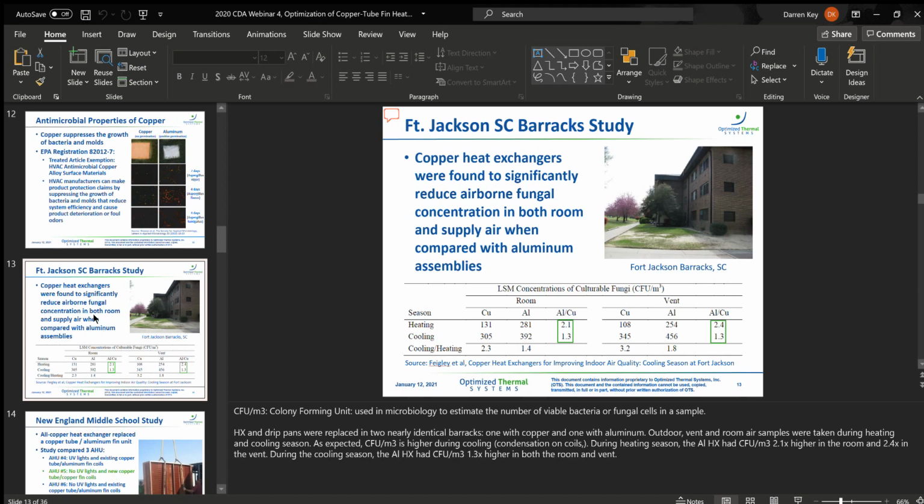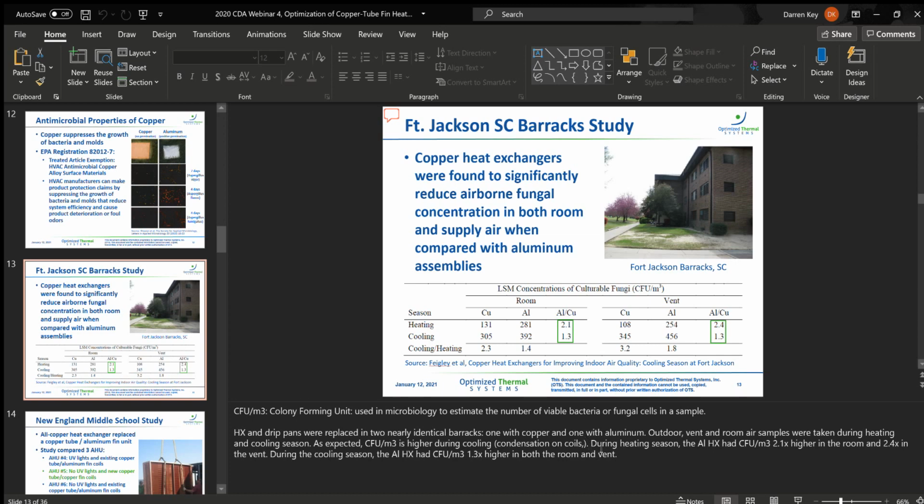A couple of things to note. The CFU, which is a colony forming unit, is higher during the cooling season, and this is to be expected as during cooling season there's condensation on the coils, which promotes the growth of fungus and bacteria.